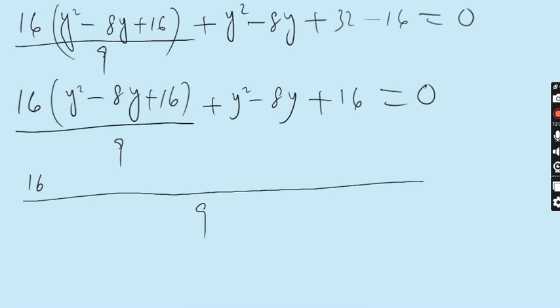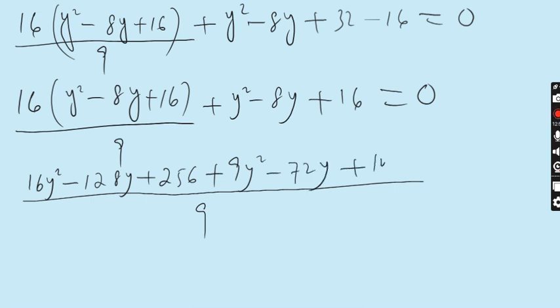So 16 y square, 16 8s are 128y, 16 16s are 256, 9y square, 9 8s are 72y, and 16 9s are 144 equals 0.